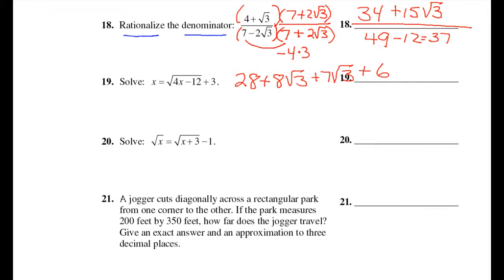So let me erase this other part so you don't get all confused there. All right, there's the answer, all over 37. So we have gone from an irrational denominator to a rational denominator. We have rationalized the denominator.